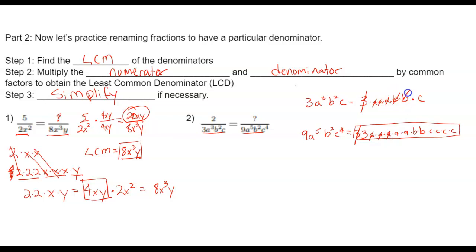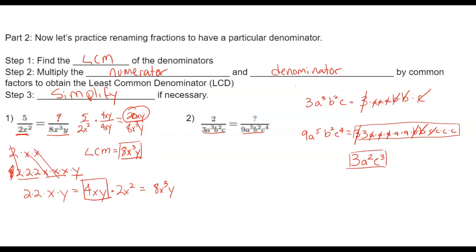I'm going to cancel out my b's. And then I'm going to cancel out 1 c. So what I am left with is 3, 2 a's, which is a squared, and 3 c's, which is c cubed. So this is what I need to multiply my numerator and denominator by.